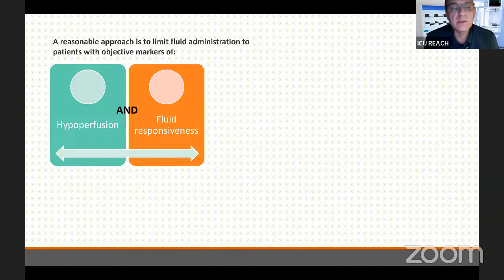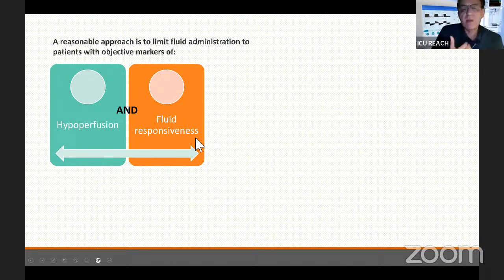But let me summarize this for you in this diagram here, which I think is a very reasonable approach. For fluid administration, limit fluid administration to patients with objective markers of, number one, hypoperfusion, and hypoperfusion combined with fluid responsiveness.